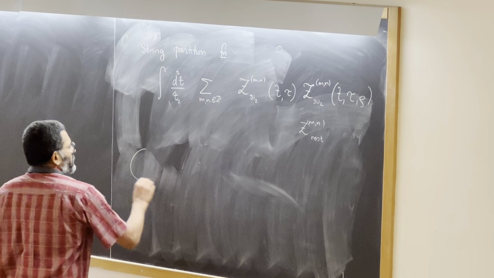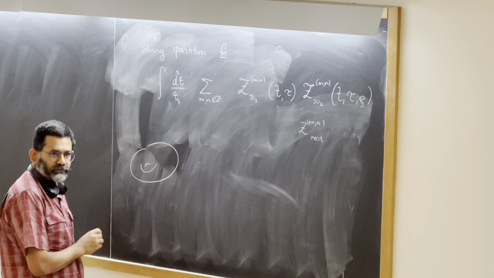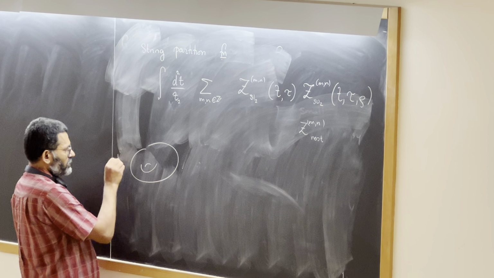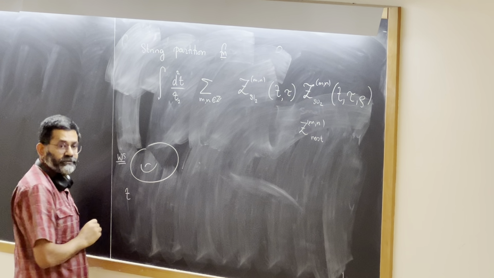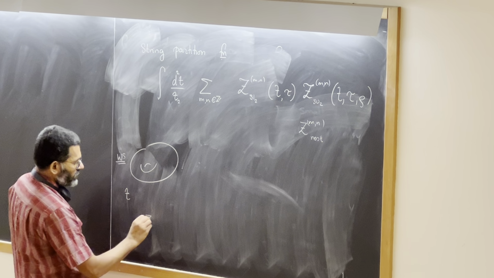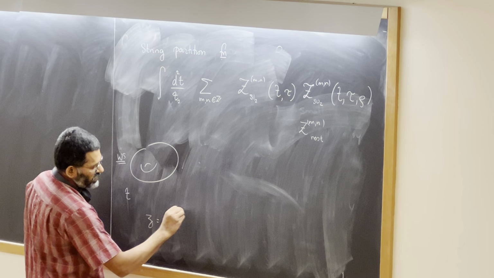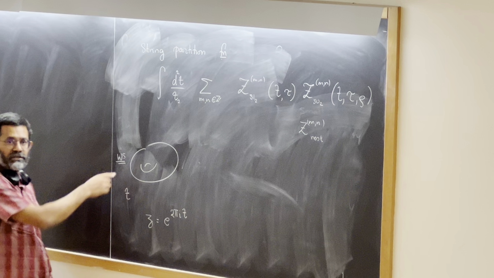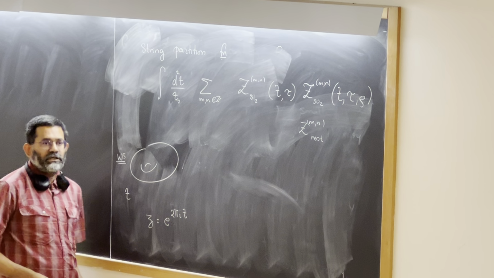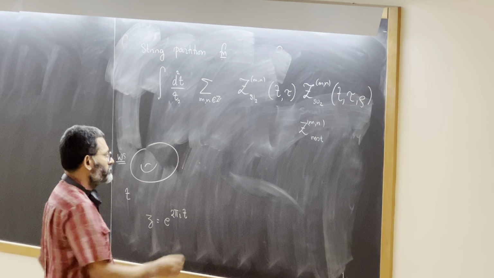So the worldsheet is a torus, and I'll take its modular parameter to be t. The complex structure of this torus is t, and the elliptic nome is e to the 2 pi i t.